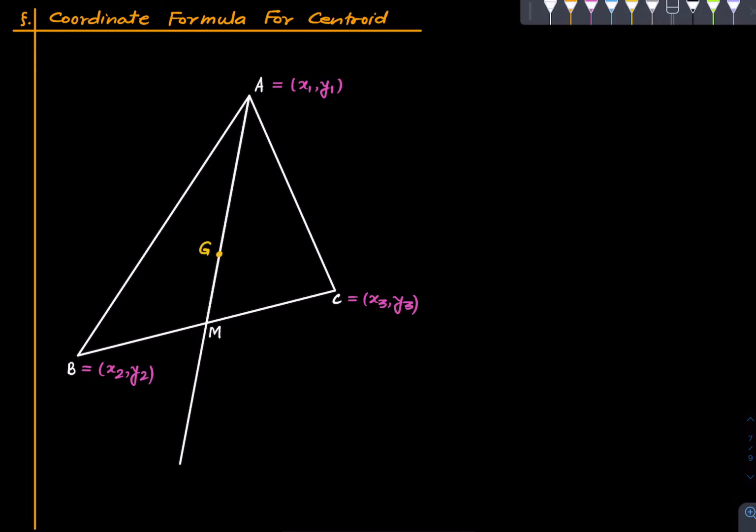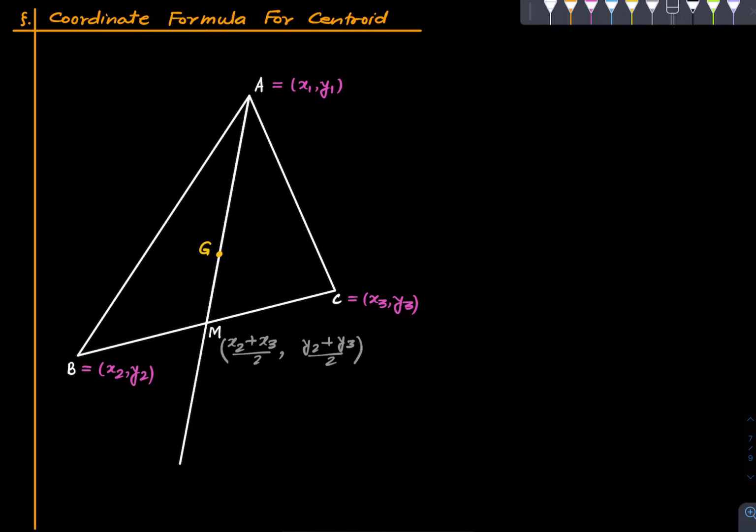So let's say we have a triangle whose coordinates of the vertices are (x1, y1), (x2, y2), and (x3, y3). We want to express the coordinates of the centroid in terms of these three things. So first, we will write down the coordinates of M. M is the midpoint of these two points, and hence the coordinates of M are ((x2 plus x3) by 2, (y2 plus y3) by 2).